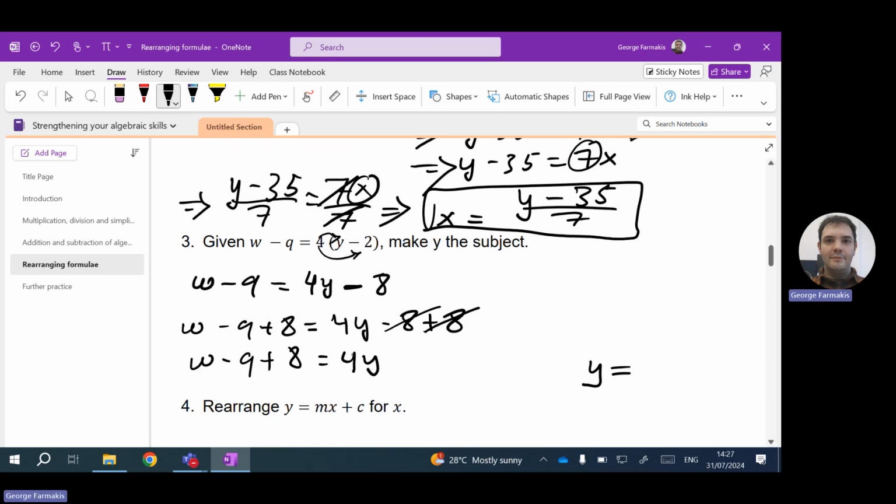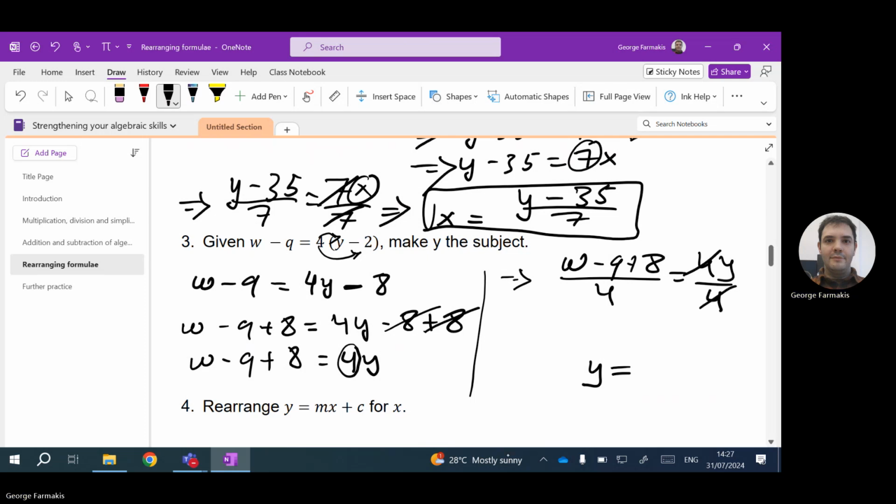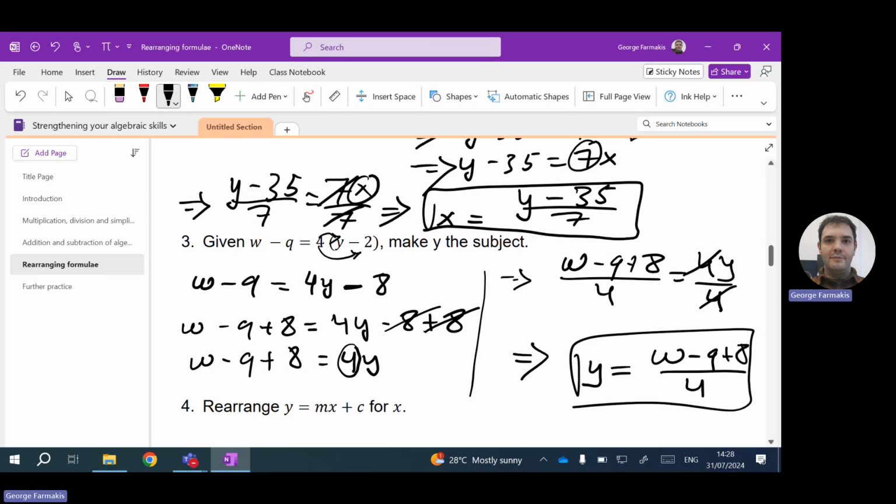And now I have 4 times y here, so I want to get rid of the 4. 4 multiplies y, so I divide by 4. 4y over 4, then numerator and denominator simplify, so we get that y equals w minus q plus 8 over 4. So we had this formula, we rearranged it to make y the subject.